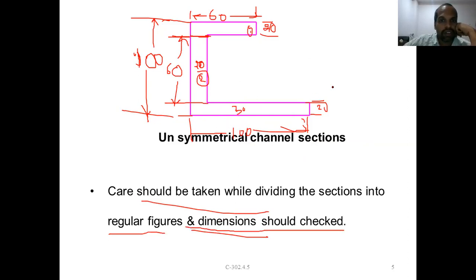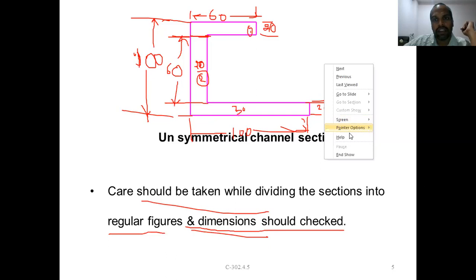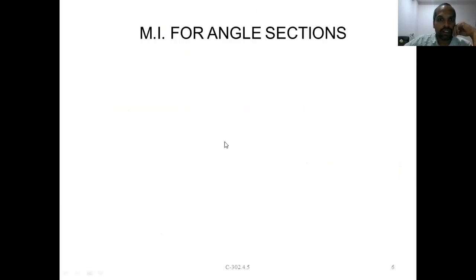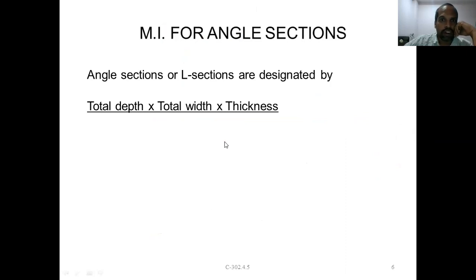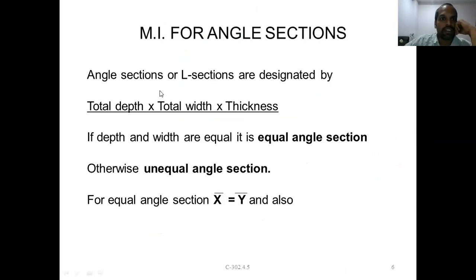Like that, care shall be taken in calculating unsymmetrical sections. Now, the moment of inertia of angle sections. Angle sections or L sections are designated by total depth into total width into total thickness. If the depth and width are equal, it is called an equal angle section, otherwise an unequal angle section.